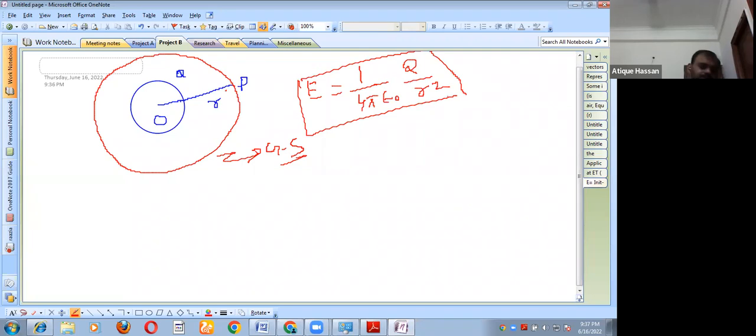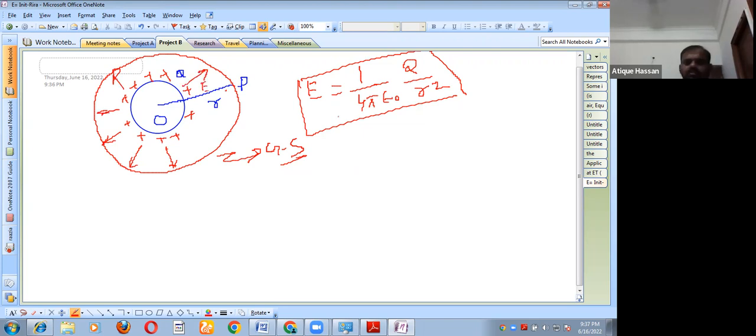Can you recall that? The electric field was like this in all directions if it is a positive charge, away from the charge like this, like this, like this.